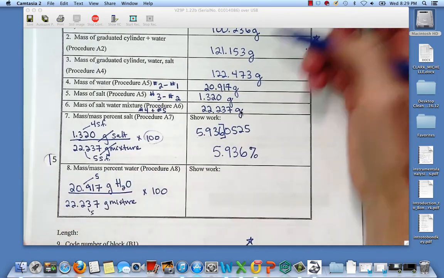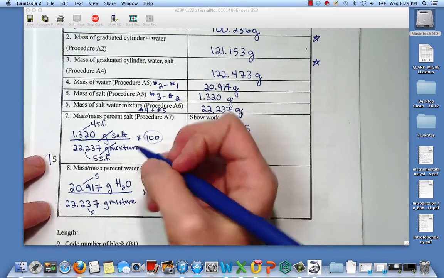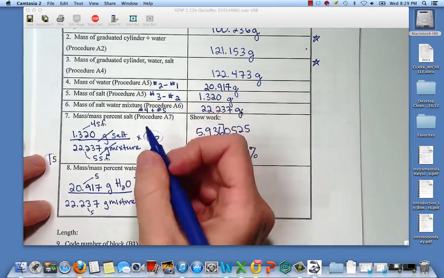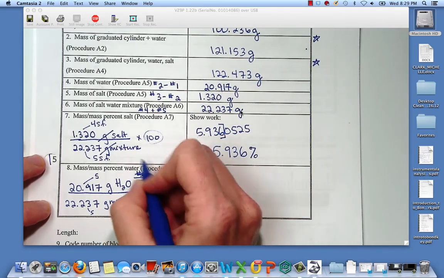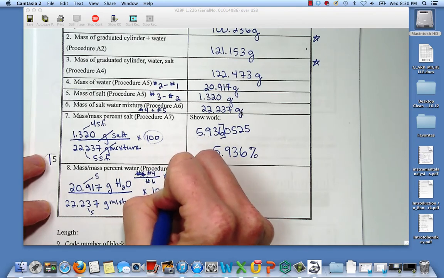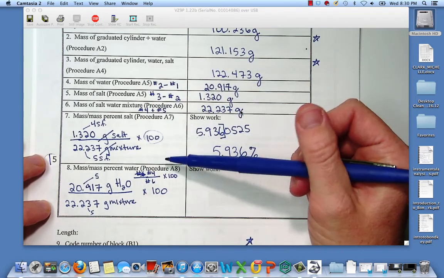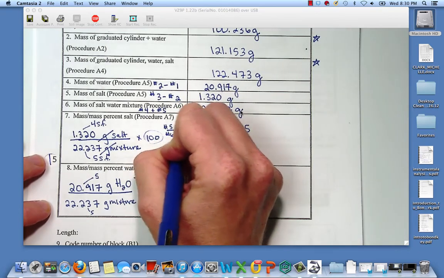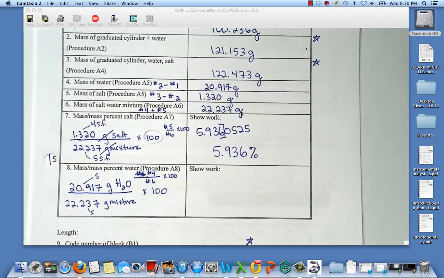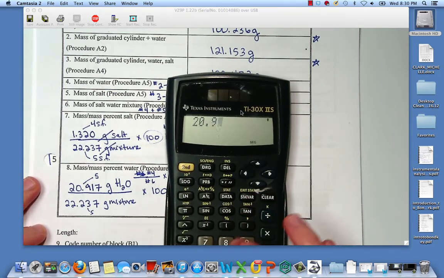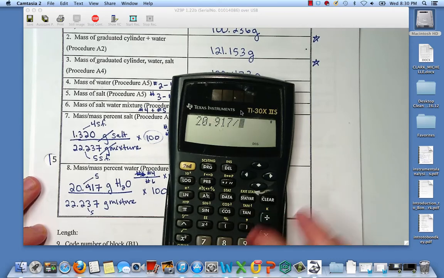And if you're wondering how this gets to your data, this is number 4 over number 6 times 100. The calculation above was number 5 over number 6 times 100. Okay, so 20.917 divided by 22.237 times 100.